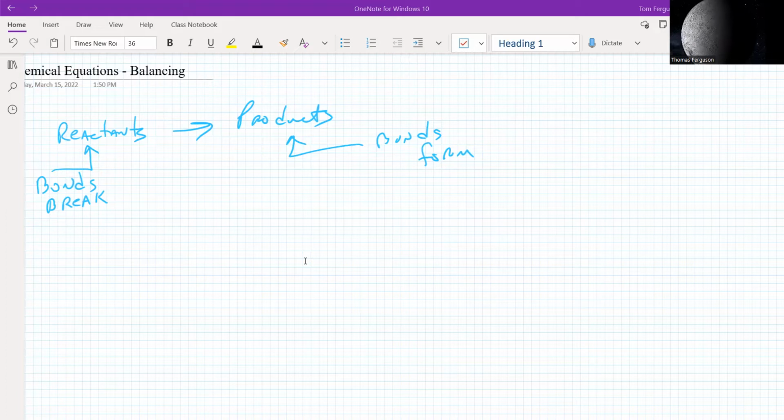It just doesn't automatically happen. It needs some heat to get it going, and that's the energy. So once the energy is there, the bonds are broken in the reactants. And then if the products are more stable than the original reactants, they'll form into products. If they're not, it'll go back to the reactants.